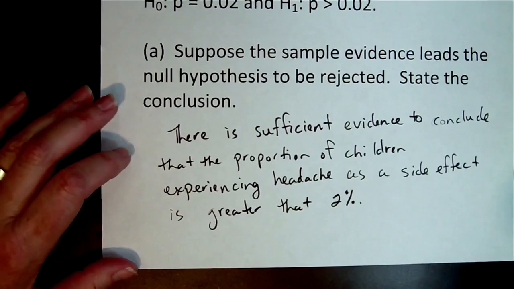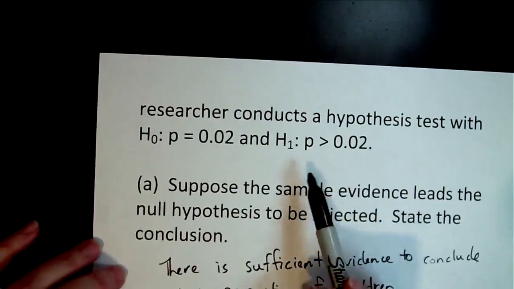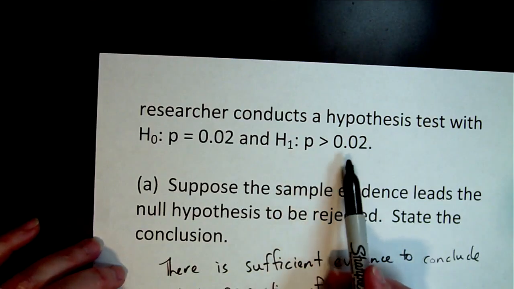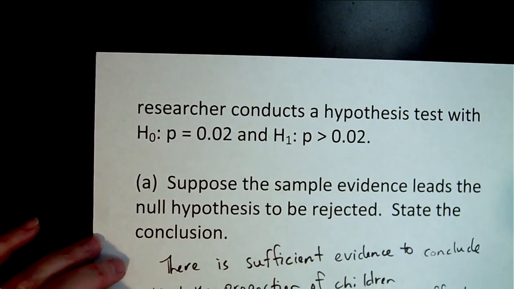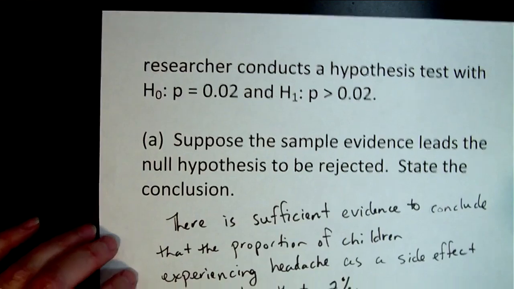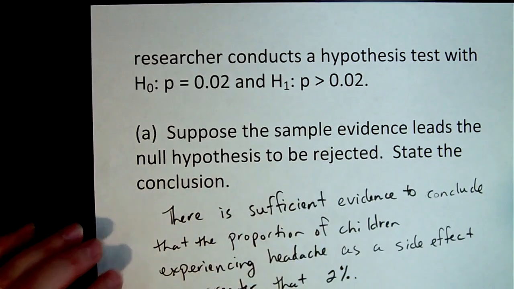All right, that's that 0.02. So we're saying there's sufficient evidence to accept the alternate hypothesis. We decided that by rejecting the null hypothesis.